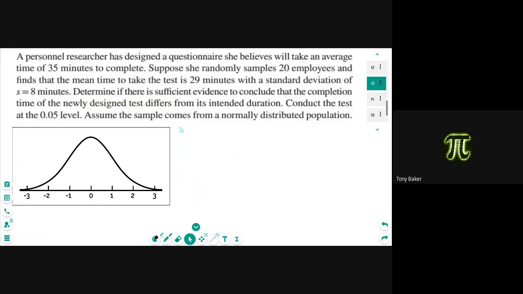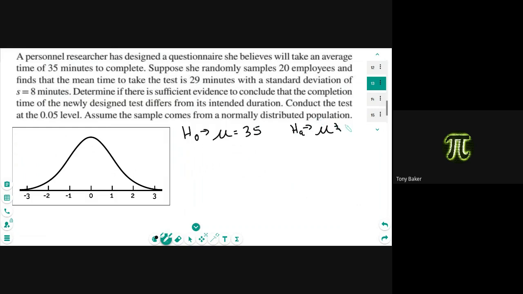Null hypothesis and alternate hypothesis. Difference.